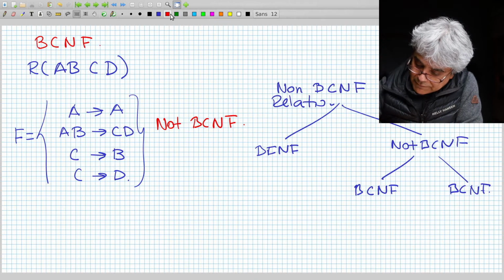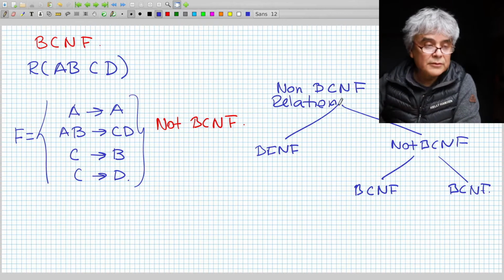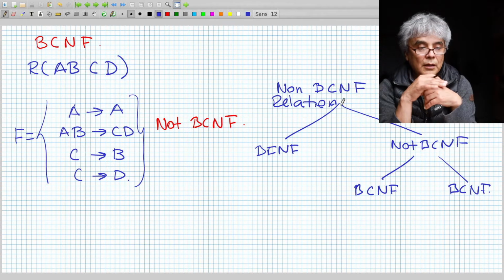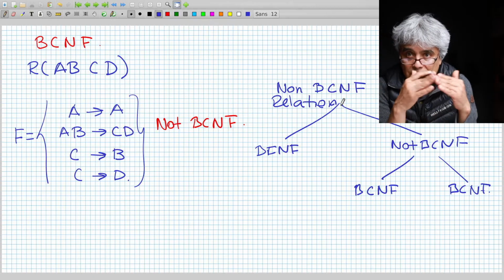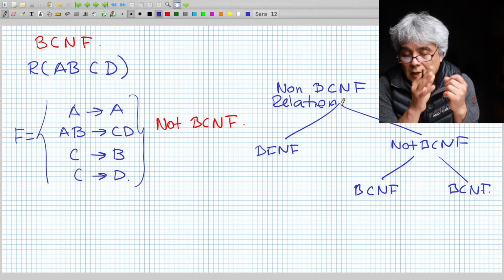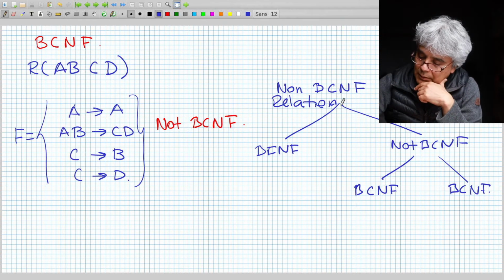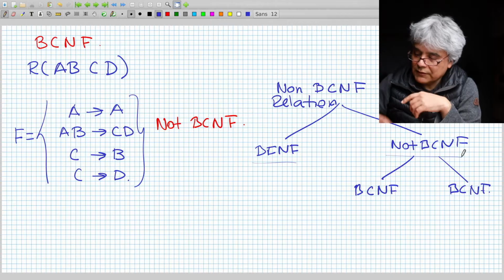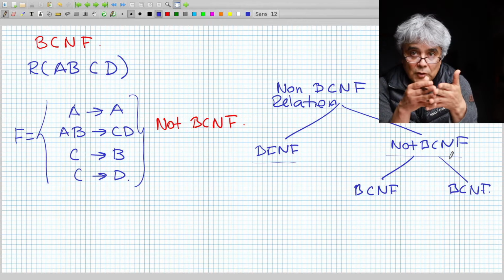So if I have a non-BCNF relation, then I want to decompose it. If I get lucky, in my first decomposition, I might end with two relations that are BCNF. If not, like for example in this case, let's say that one of them is not BCNF, then I keep going.